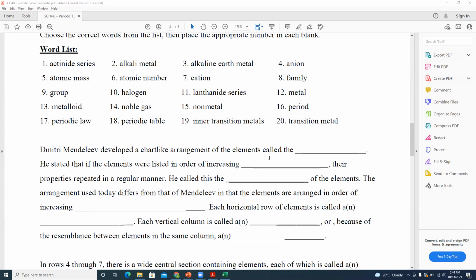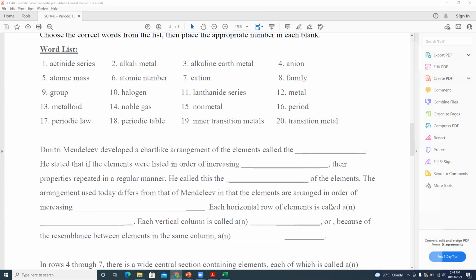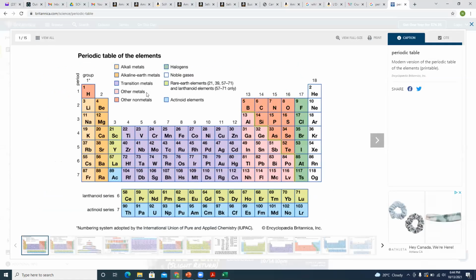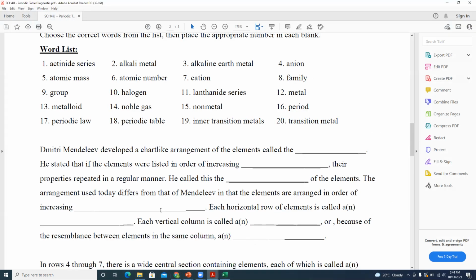That chart-like arrangement is this periodic table, developed by a scientist called Dmitry Mendeleev. Some people call it the Mendeleev periodic table. And he stated that if the elements were listed in the order of increasing blank, their properties repeated in a regular manner. And he called this the blank of the elements.